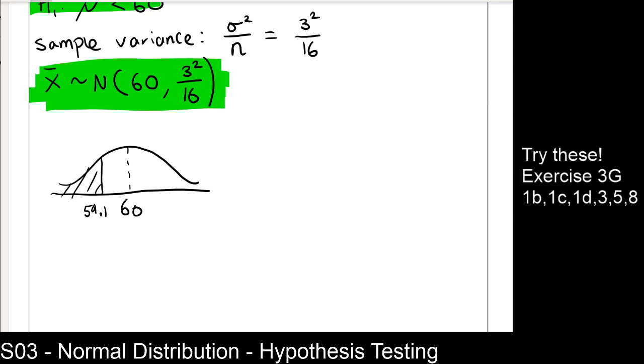So what we're trying to work out is the probability that our sample mean could be less than 59.1. So if we really do have a mean of 60, what's the probability that when you take a sample of 16 you actually get 59.1? So I then just do that on my calculator. Normal CD, and then we just get 0.1151.